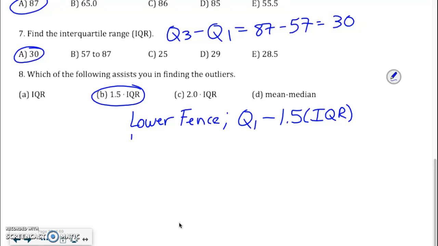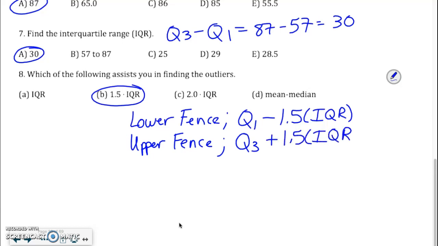On the same hand, we also have the upper fence. We can have outliers that are unusually large. That formula is quartile 3 plus 1.5 times the IQR. And if we calculate the low fence and the high fence, we're looking for things that are below that limit or above that limit. So letter B is your answer for that particular question.